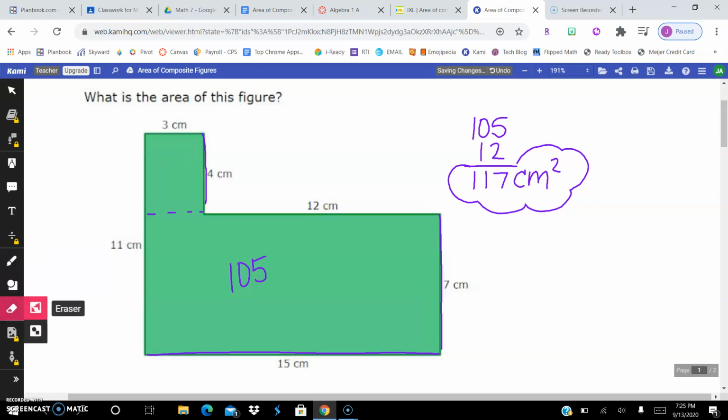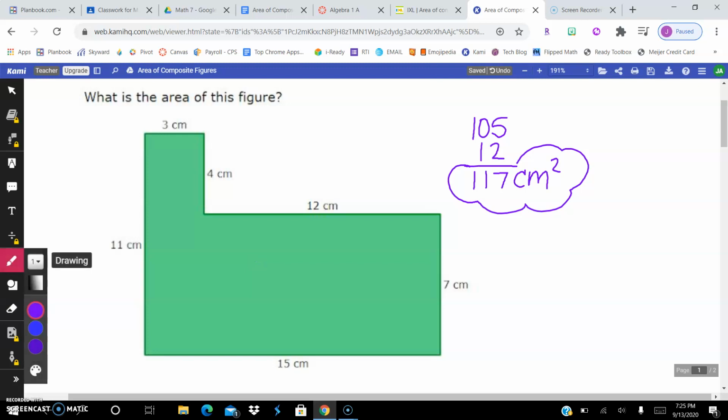Now, if I erase all of this, I could cut right here, and I would have this tall, skinny rectangle that would be 3 centimeters by 11 centimeters. So this rectangle would have an area of 33. And then this rectangle on the side would be 12 centimeters by 7 centimeters.